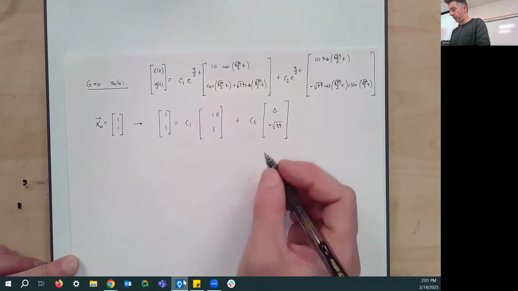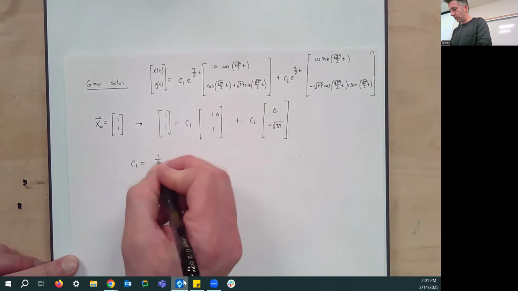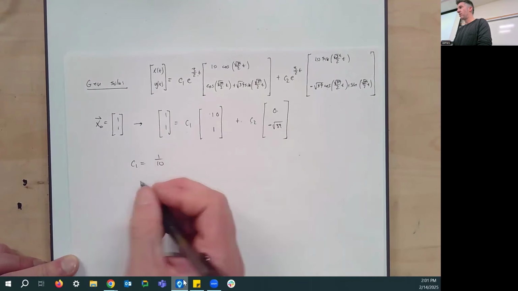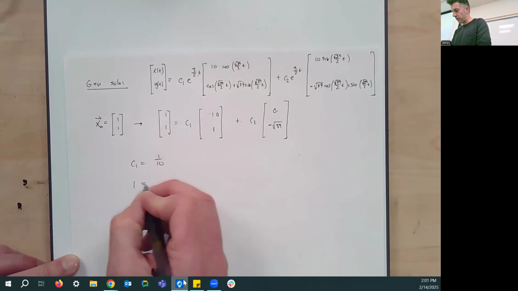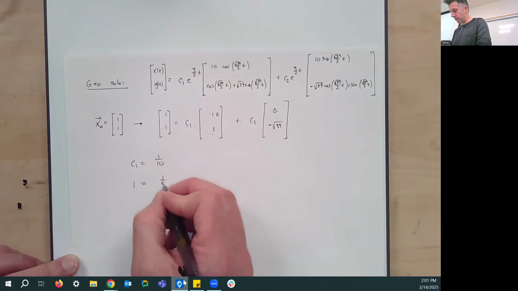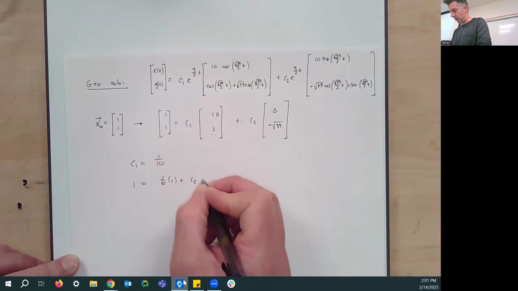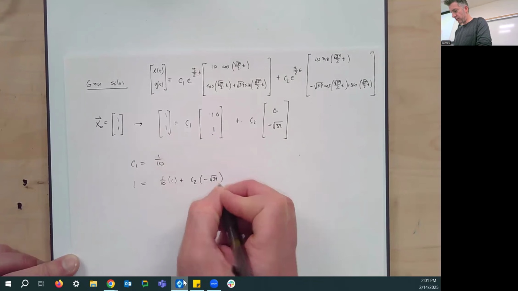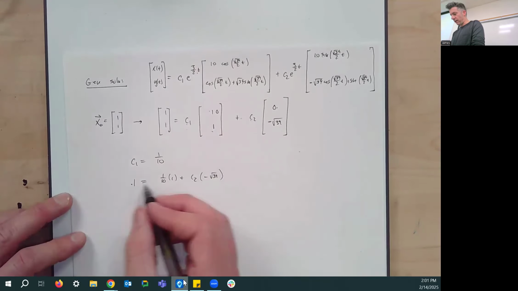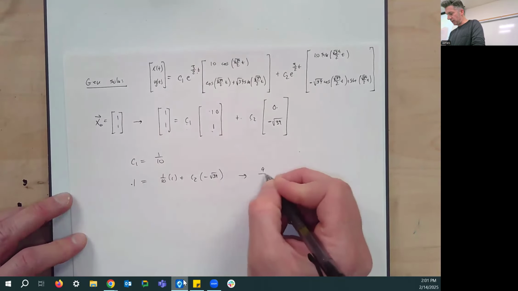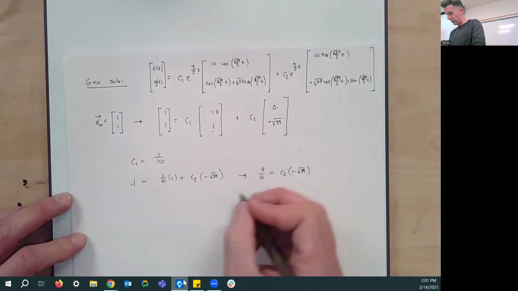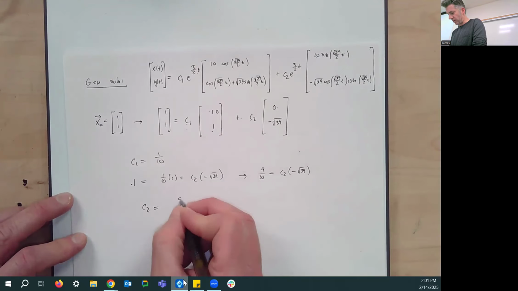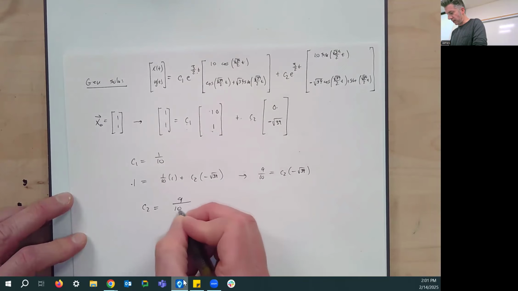So it's very, very straightforward to find c1 here. c1 is 1/10, and then c2 is a little bit grosser, but for finding c2, it's going to be 1 is equal to c1 times 1 plus whatever c2 is times negative root 39. So it looks like 1 minus 1/10, so we're going to get 9/10 is equal to c2 times negative root 39. So c2 is unfortunately 9 over 10 times negative root 39.